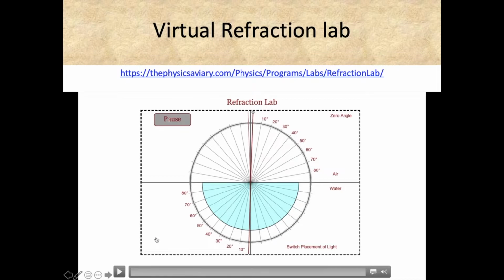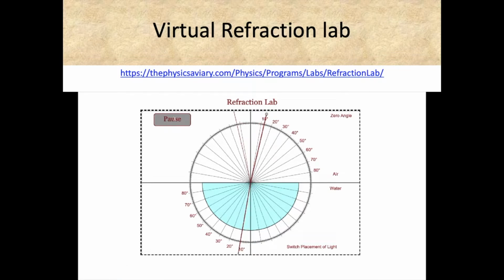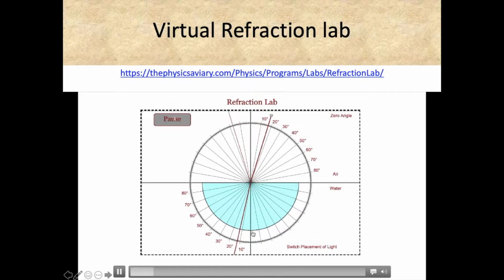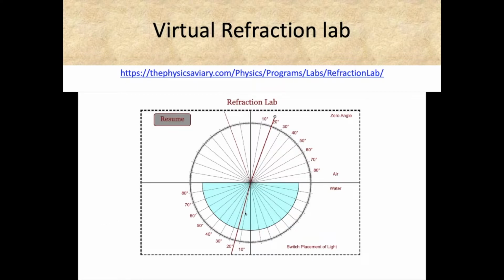And the vertical line, the normal line, is also given, so you're able to make measurements of angle of incidence, angle of reflection, and angle of refraction. So you see that's the angle of incidence, and that is the angle of refraction, always in the other medium between the ray and the normal line. So these are the measurements you're going to make.